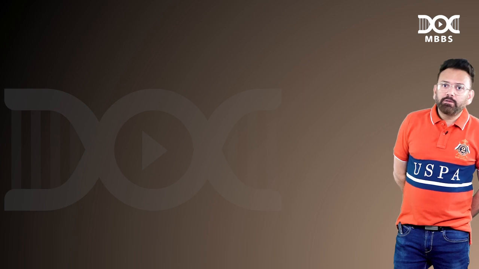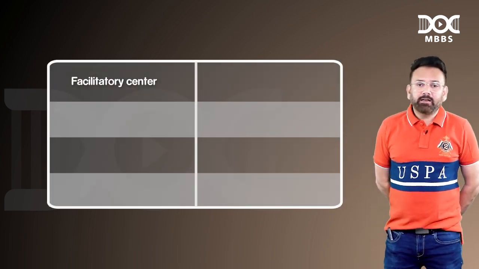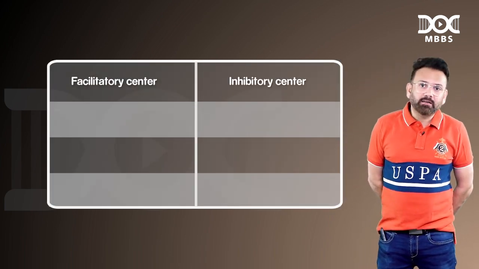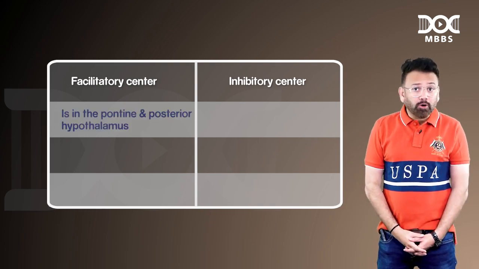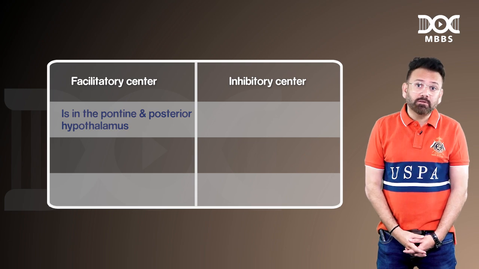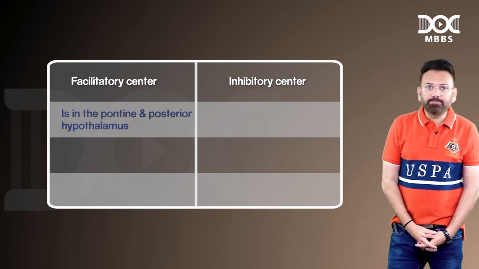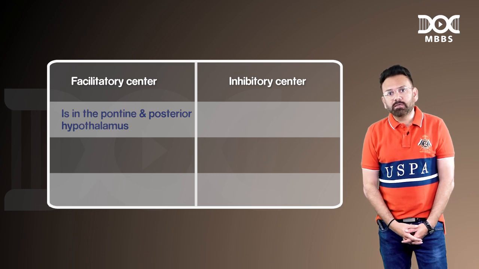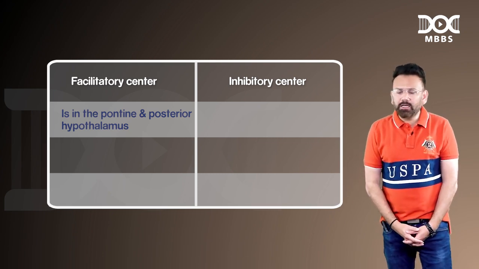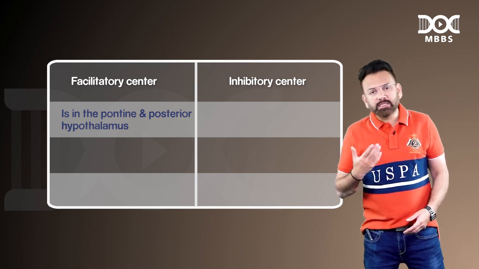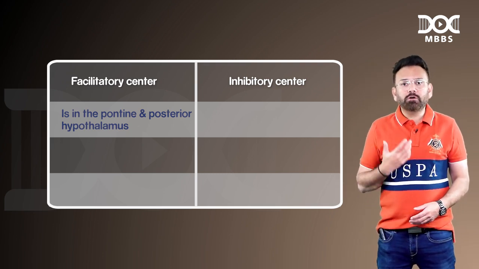Now I have told you that it can be facilitated or inhibited by the higher center. The main centers of facilitation are in the pons and also in the posterior hypothalamus. If you study your neurophysiology, you will see the posterior hypothalamus senses the cold, and that's why you start shivering. Have you felt that during cold time the frequency of micturition increases?